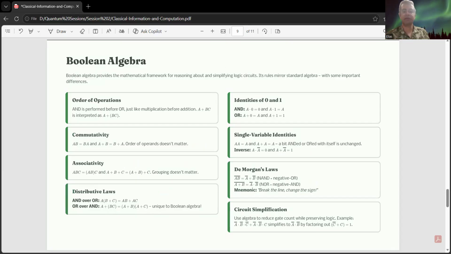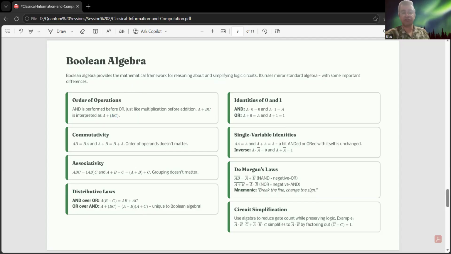The other important thing in your classical computer is Boolean algebra. For example, the order of operations: AND is performed before OR, just like multiplication happens before addition. If you have A plus B multiplied by C, first you multiply B and C, and then you add A to that multiplication.